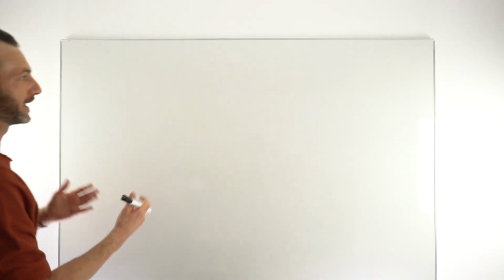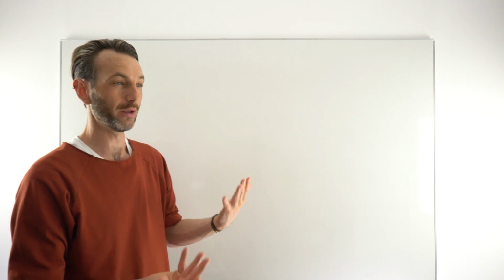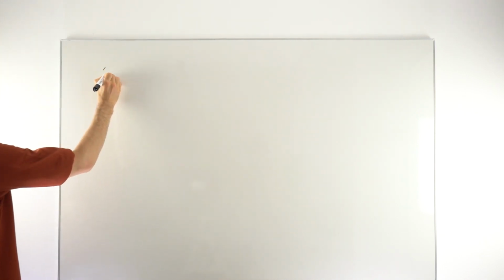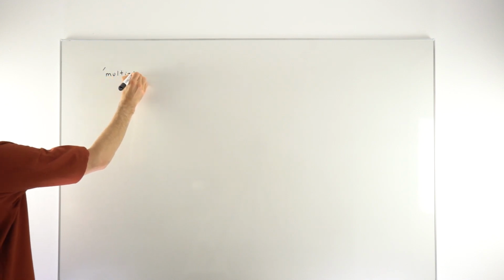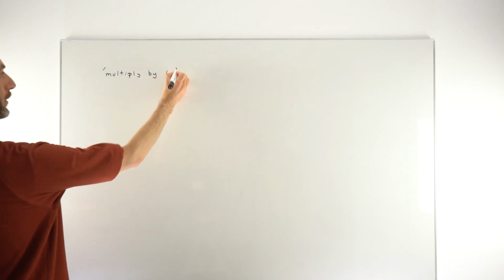So if you wanted to take a number and have a rule that said to multiply that number by 4, then literally you had to write down, if you wanted to capture that, something like, take your number and multiply by 4. So literally had the words multiply by 4 in it.